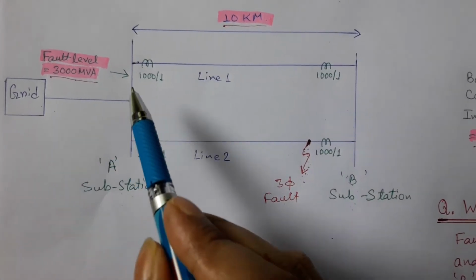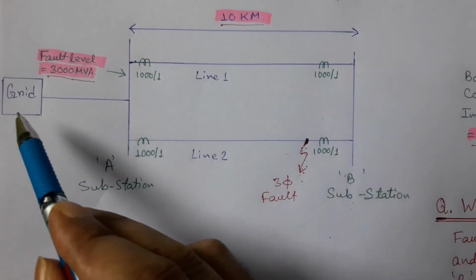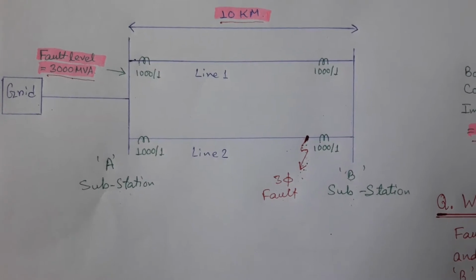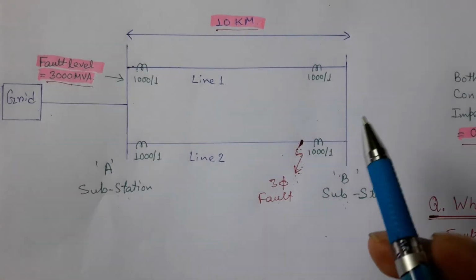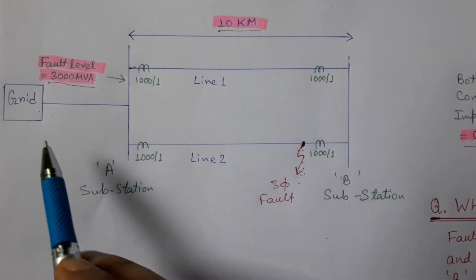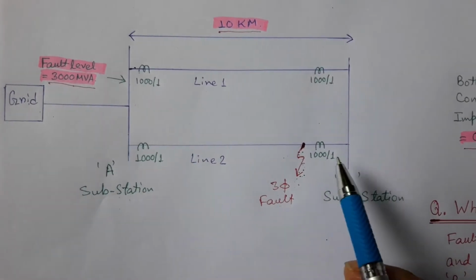But this flow of fault current will always be opposed by impedance, which is also called fault impedance. To find fault current at this point, we should first find fault impedance from the grid to this point.